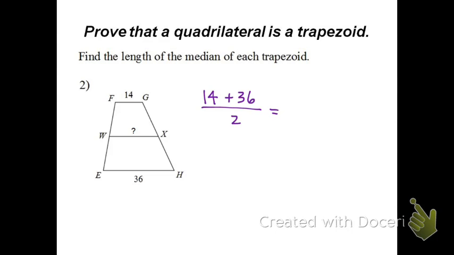We get 50 divided by 2, which is 25. Cool. Alright, now, again, you could say WX, but the key thing here is that you can find the median to be 25 units.